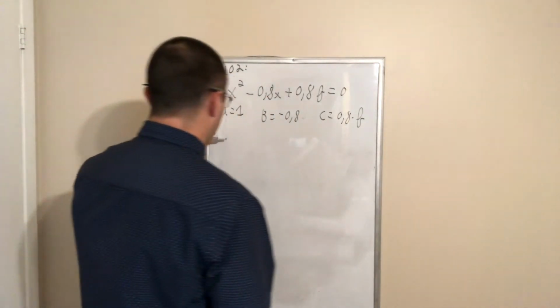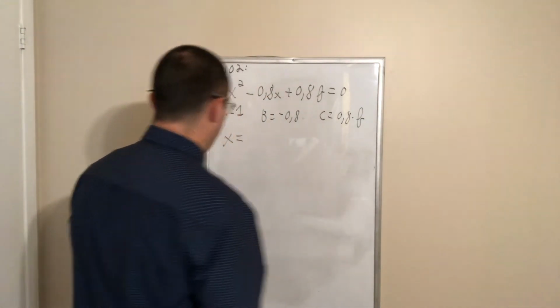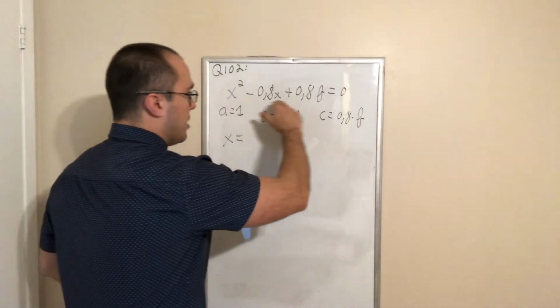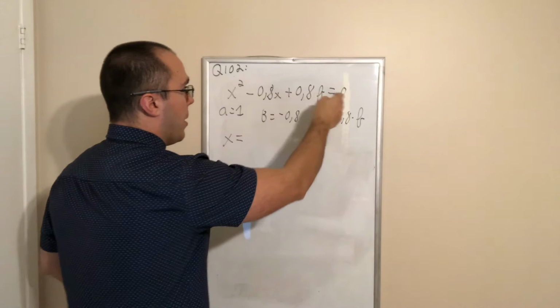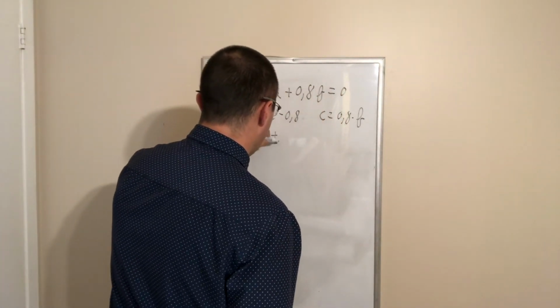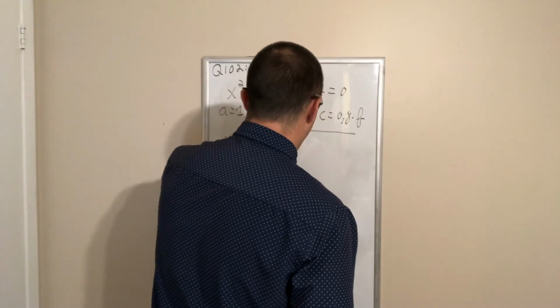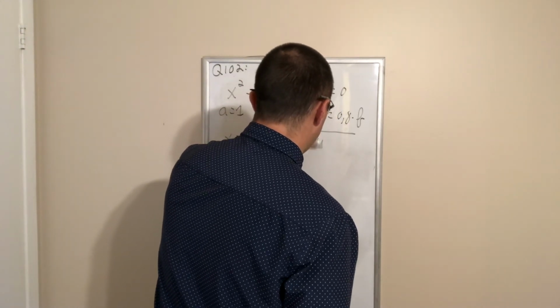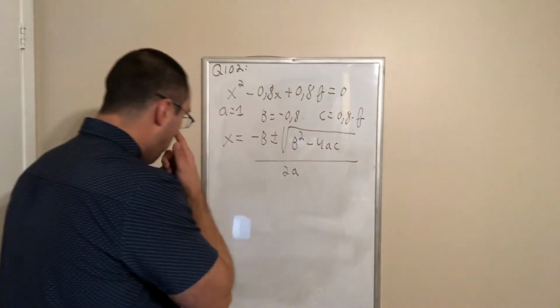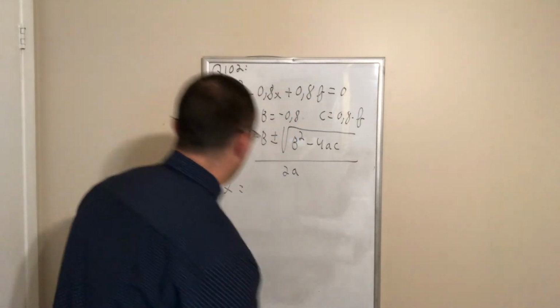Now remember that the quadratic formula is the value for x which makes this complete formula become 0. So it's equal to minus b plus or minus the square root of b squared minus 4ac, divided by 2a. So let's write down.